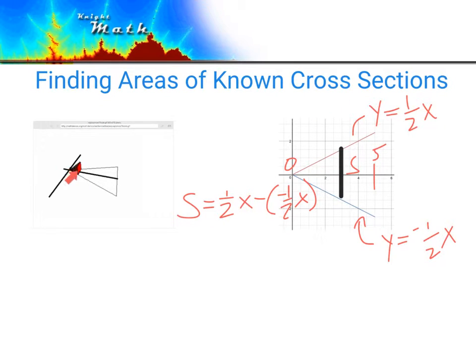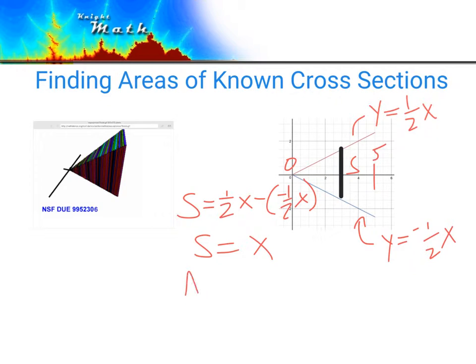The side of each of these squares is always different, so it depends on where on the x-axis you choose this. And so S is just going to be 1x. Well, that's handy. This is about as simple as it gets. S is equal to whatever x is.